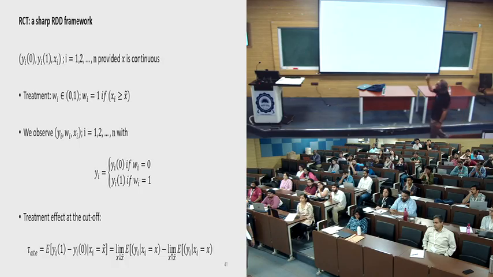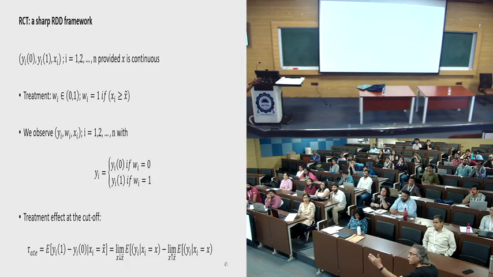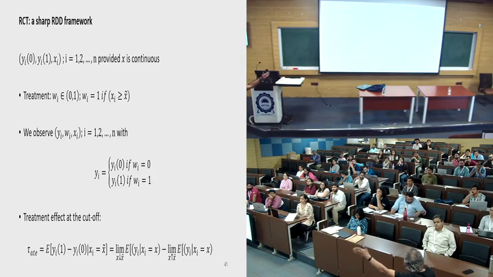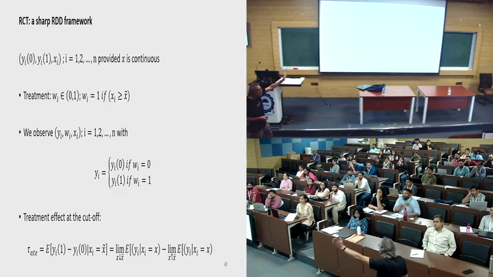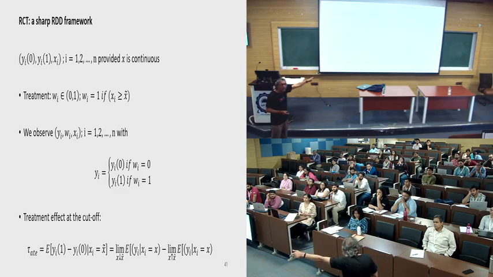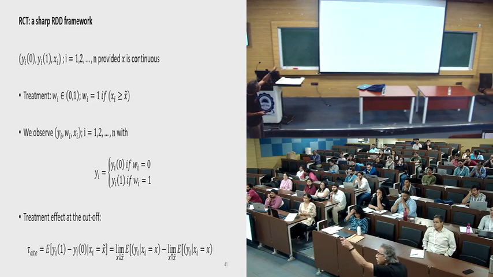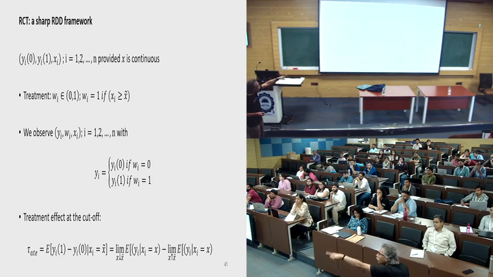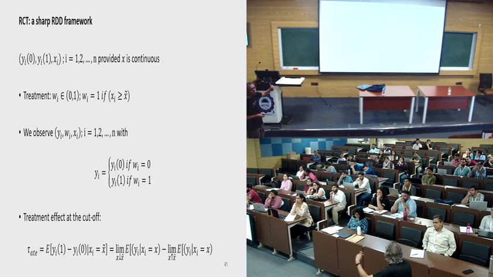My job now is to do this in a sharp RDD framework. How do I do it? Again, X is continuous, treatment is the same, but note Wi now takes the value 1 if Xi is greater than X tilde, where X tilde defines the threshold. I observe Yi0 and Yi1 depending on Wi taking the value 0 or 1, which is determined by whether Xi crosses the threshold.